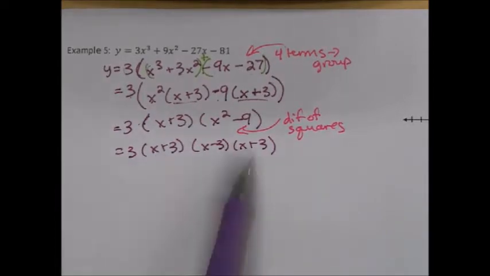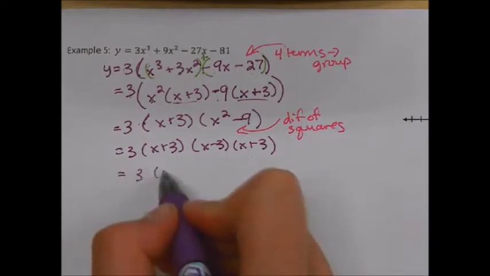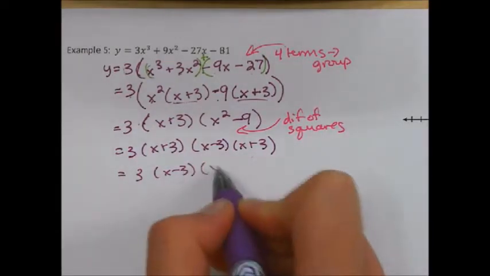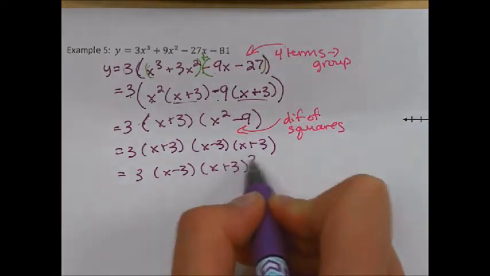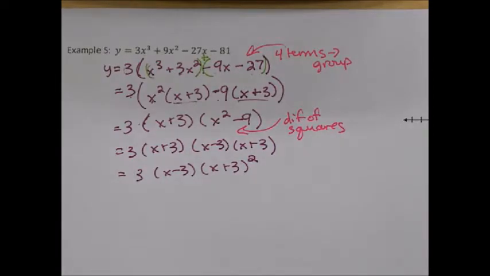I see that I have an x plus 3 and an x plus 3. So I want to write it out where I have my x plus 3 squared, so that I know the root here is a multiplicity of 2, or that the 0 here is a multiplicity of 2. So that's us factoring it.